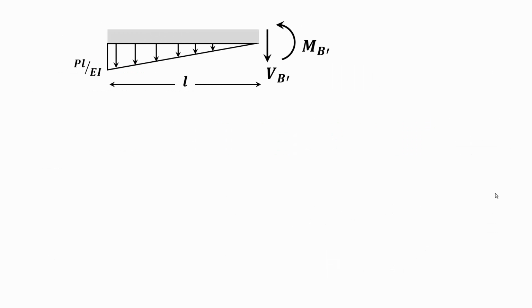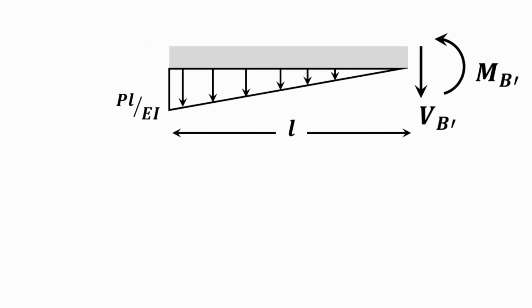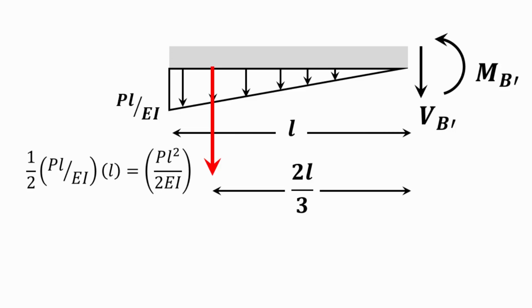Now what we really are looking for is the moment. So I need to take the summation of the moments about point B prime, but I need to concentrate the triangular load. If I do that, I will get 1/2 PL over EI multiplied by L, and that's the concentrated force, and it's acting at a distance 2L over 3, which is basically the geometrical centroid of the triangle.